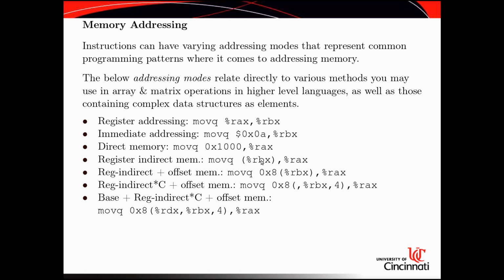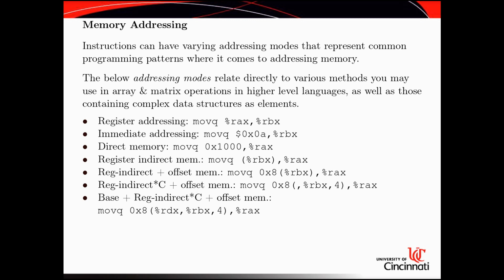So then there's this other one, which is called register indirect memory. And in this case, RBX contains a number, contains a value. That value is supposed to be interpreted as an address. So rather than copying the value in RBX and putting it in RAX, it says, get the value at RBX, pretend that it is a memory address, pull 64 bits out of that memory address, and then put them in RAX.